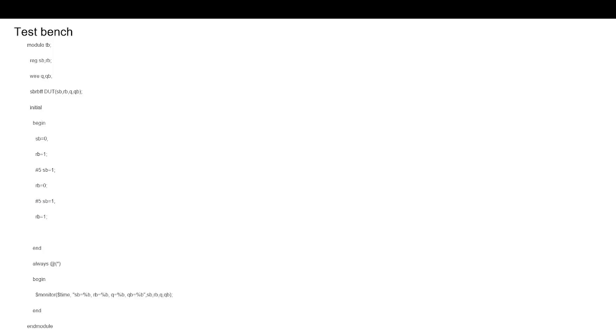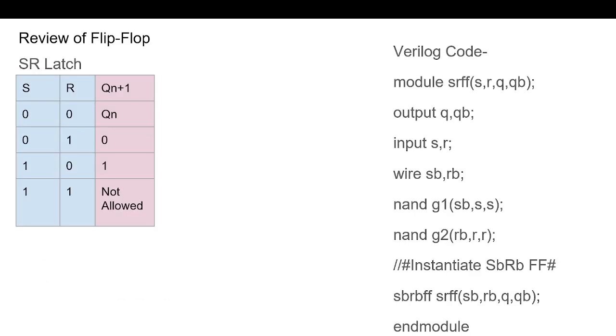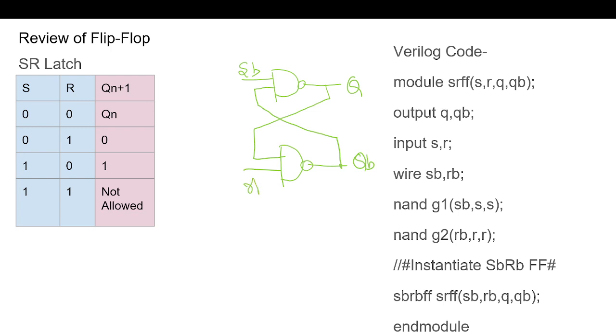Okay. So next, now we will come to the SR latch. Here again we will have the same circuit, Q and QB, QB, Q, and here I will have SB, RB.